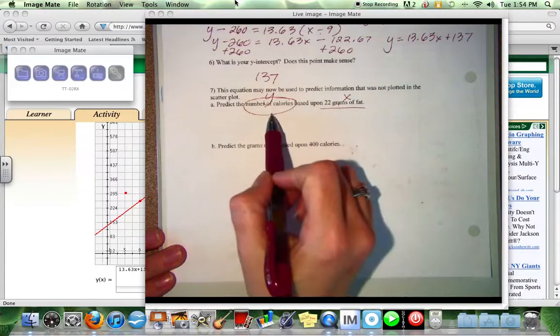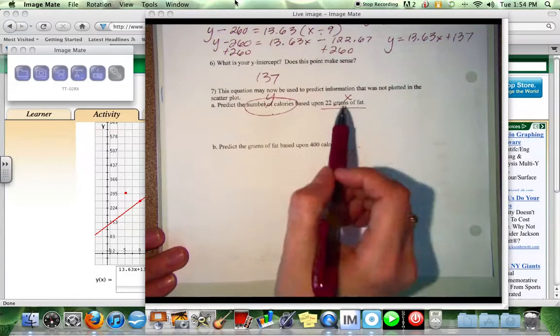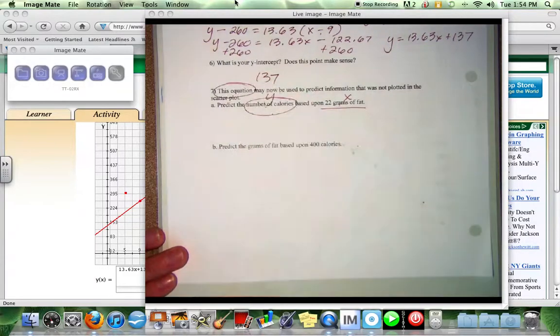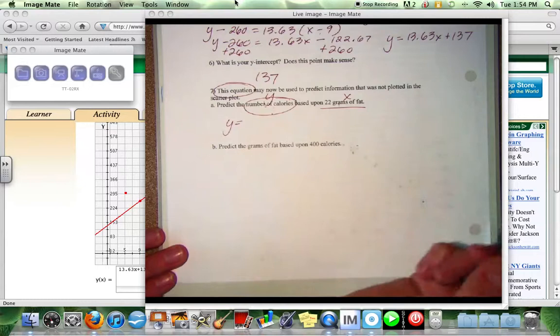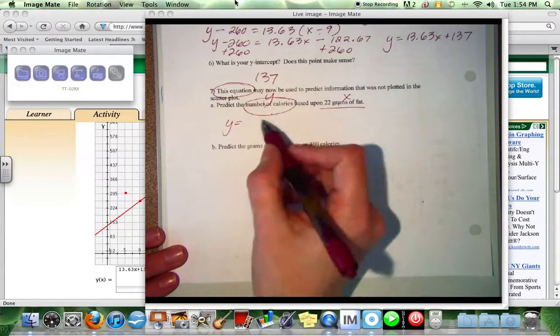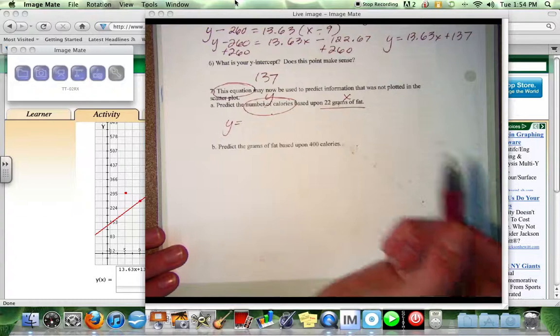So what are we going to do with these two things? It says to use the equation, so insert them into our equation. So y equals, we're looking for the number of calories, so we have the y in place of the number of calories.